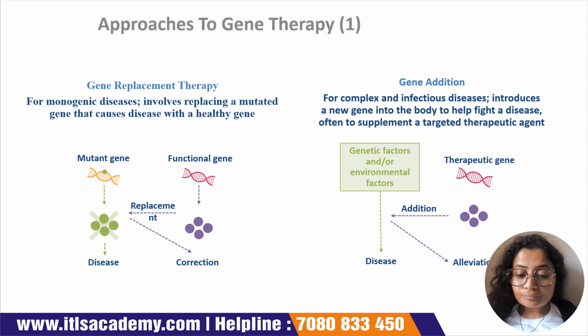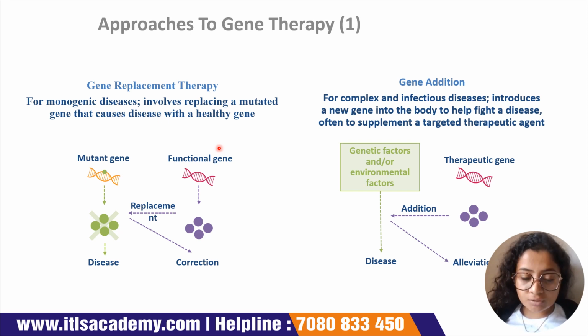First, let's focus on the left hand side. We have gene replacement therapy, and on the right hand side we have gene addition. Talking about gene replacement therapy, for monogenic diseases, monogenic diseases means where a single gene is responsible to cause the disease, means mutation or any kind of change in a single gene has been responsible to cause the disease.